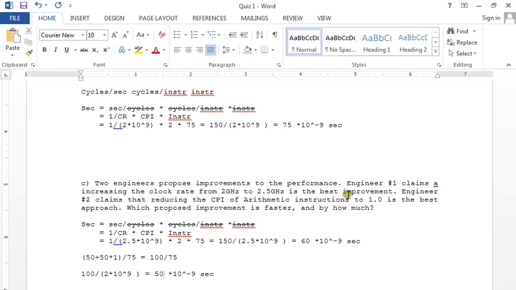So now we know the execution times for both of the programs. So performance, if you recall, whenever I ask which proposed improvement is better, you do performance A over performance B is equal to what? Exactly right.